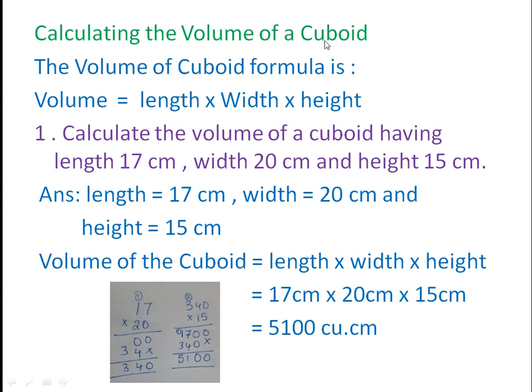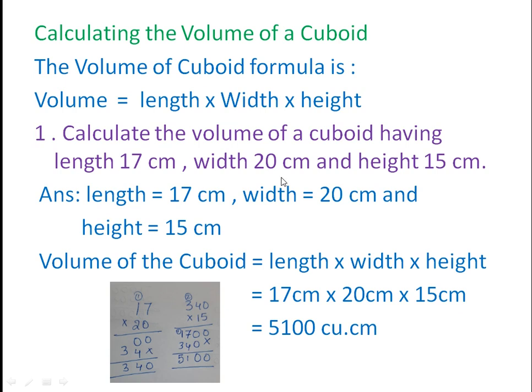How to calculate? We have the formula for this one. The volume of a cuboid formula is volume equals length multiplied by width multiplied by height. These three multiplied is the formula for the volume of the cuboid.